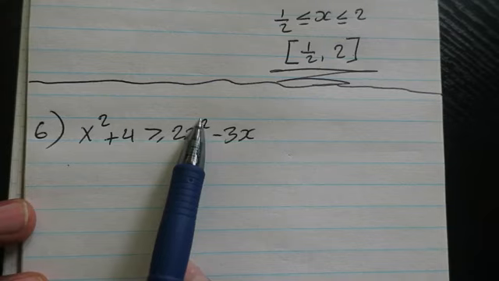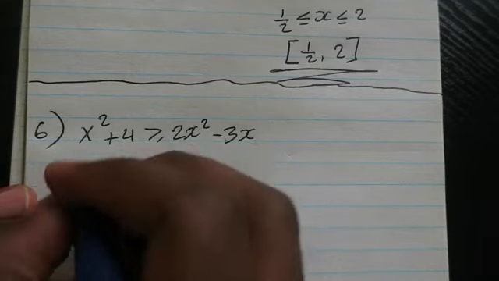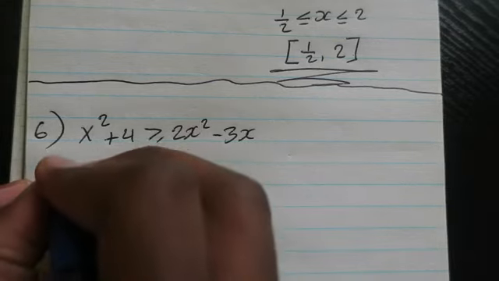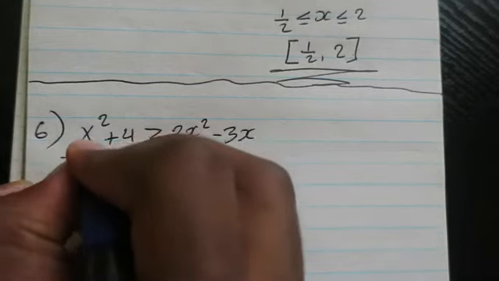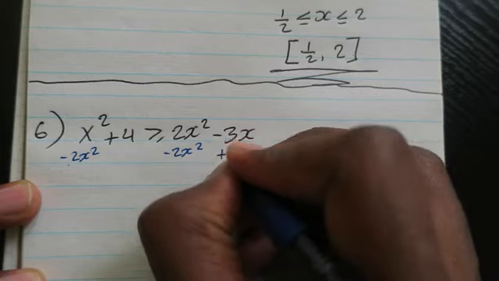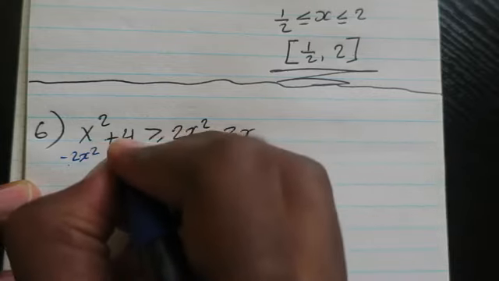Now I'll move the 2x squared over here by subtracting 2x squared. So that would give you a negative 2x squared on both sides, and a plus 3x on both sides.